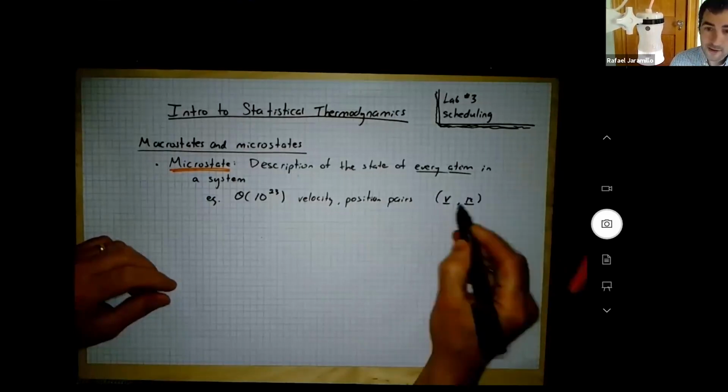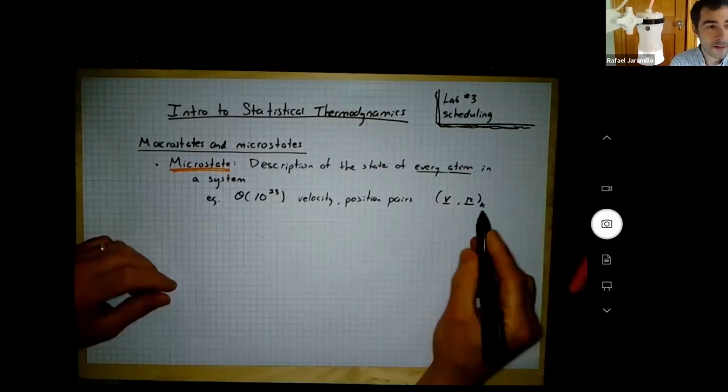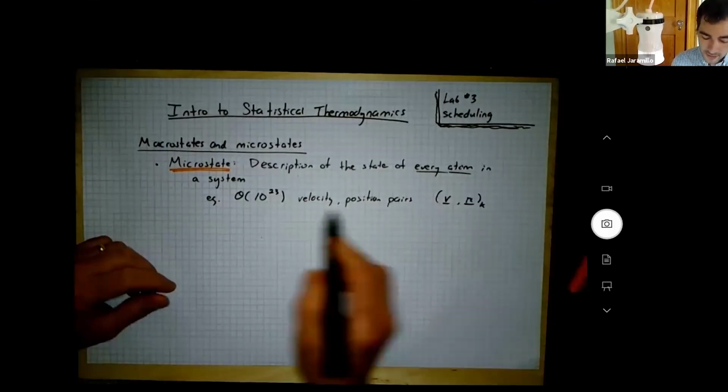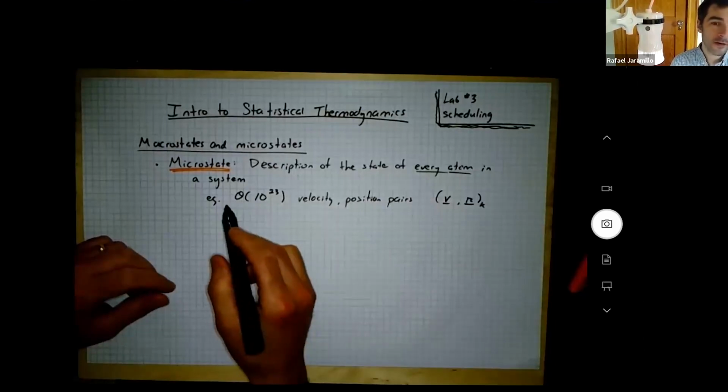Right, these are vectors, indexed by atom, and you have 10 to the 23 of these pairs. So just an ungodly amount of data. For those of you who don't know, this script O is often used to indicate "on the order of."